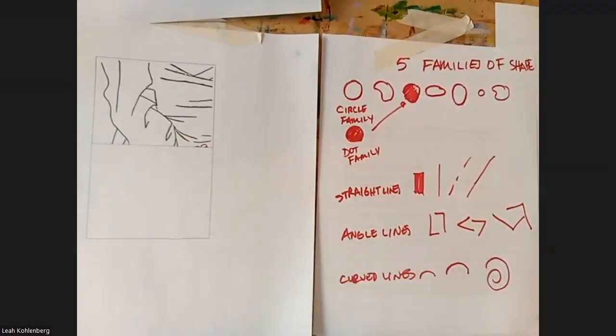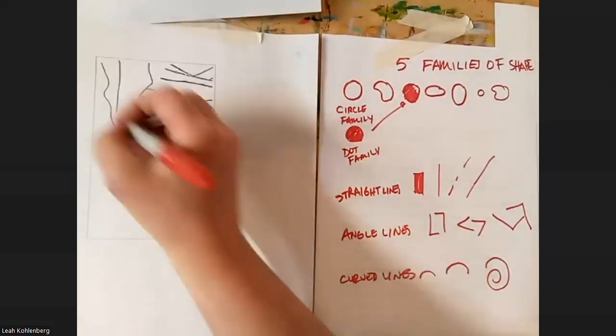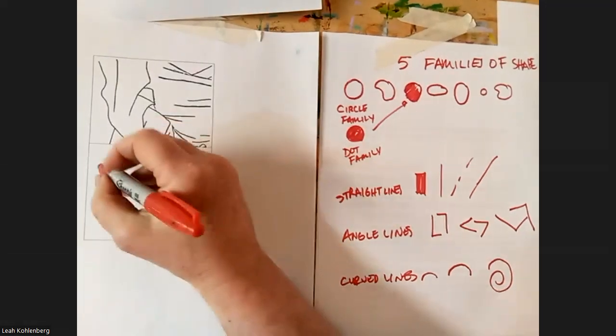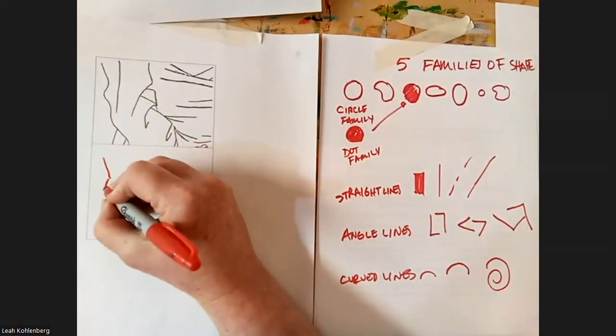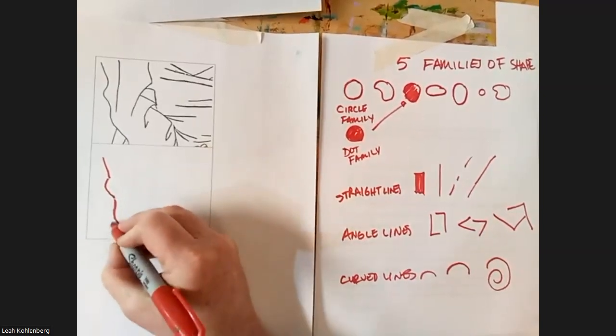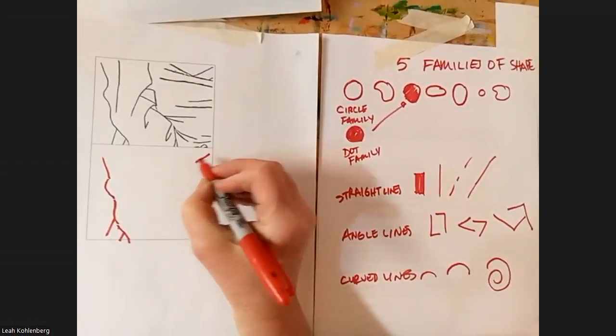So we've got curved lines, straight lines, and angle lines. Now what I'd like you to do is draw a little box just like this. And I want you to, as quickly as you can, recreate these shapes in your box. Can everybody see it well enough? Great. Okay. And I'll do it with you. I always like to start this from the left.